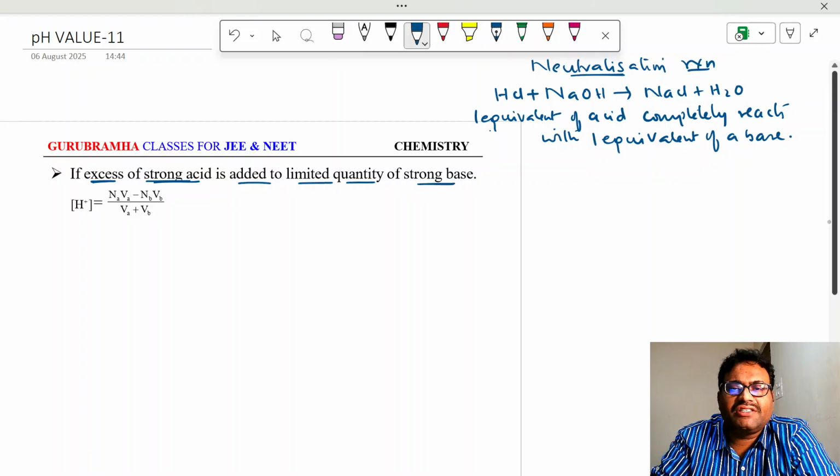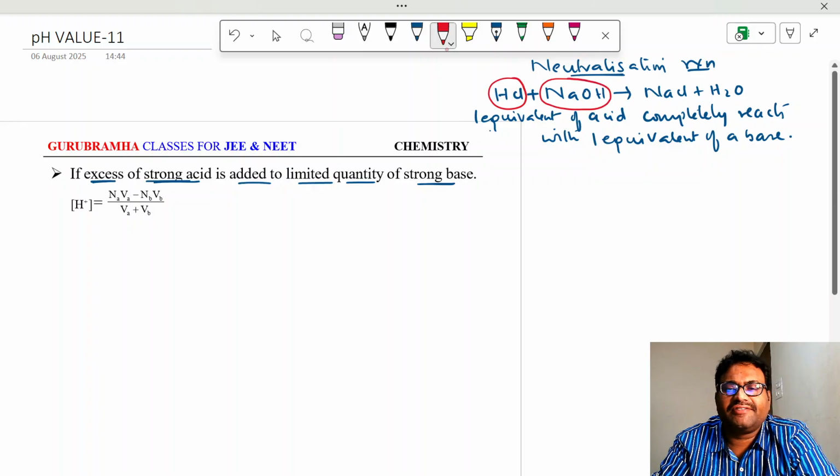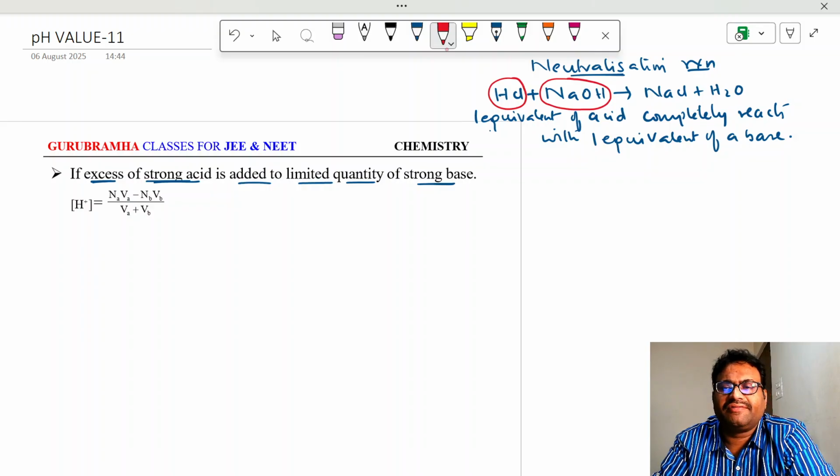So always they react in 1:1 ratio of their equivalents. One equivalent of an acid always reacts with one equivalent of a base.